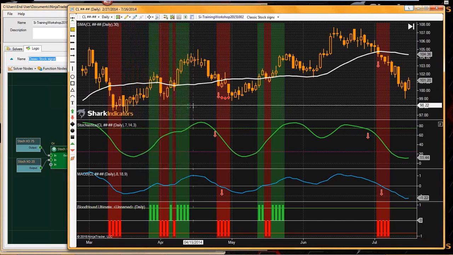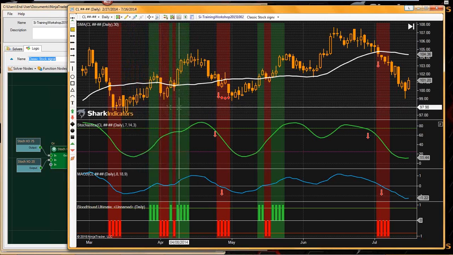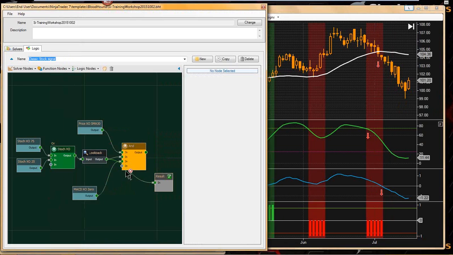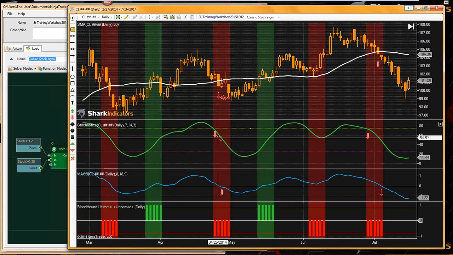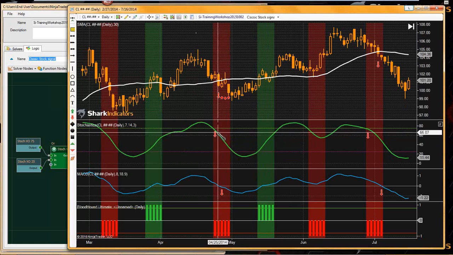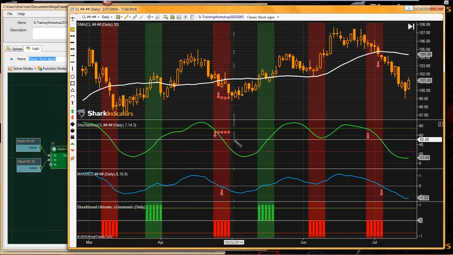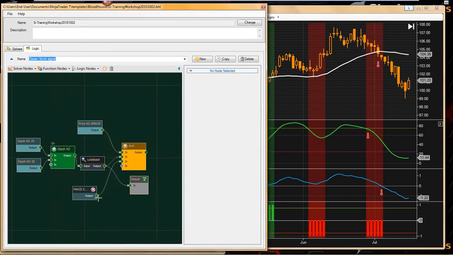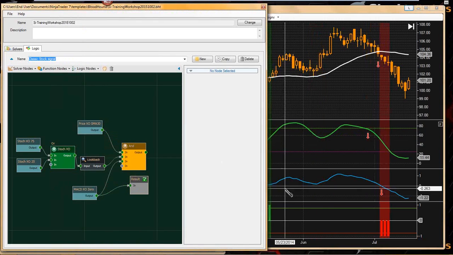And I'll put myself in draw mode here. All right, so next I'm going to look at the stochastic crossover condition. There's a stochastic crossover condition. So let me mark these with a bunch of diamonds, like so. Now let's look at the MACD.